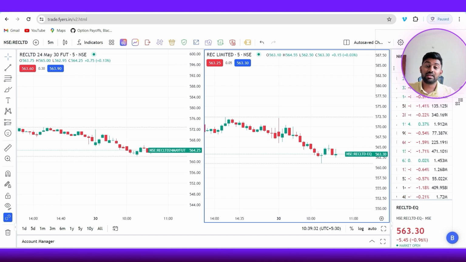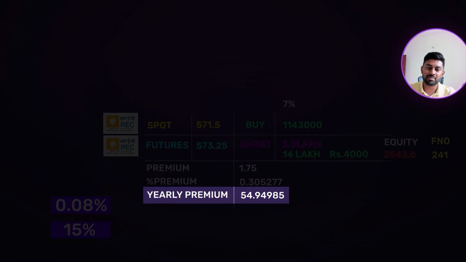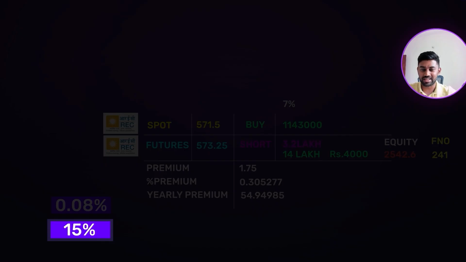But even if you spot such arbitrage opportunities, you need to do all of these calculations. And once you do all of these calculations, you will understand that the yearly premium that you get is 54%, but after paying taxes to the government, the yearly premium that you are left with is only 15%, right?